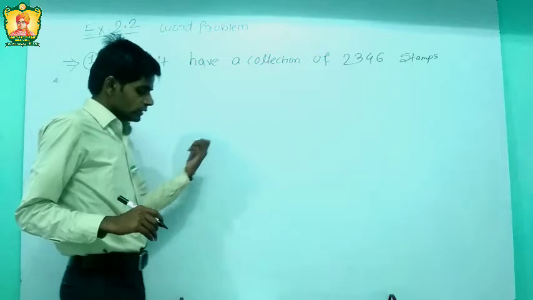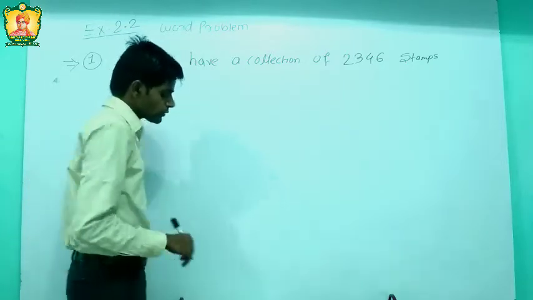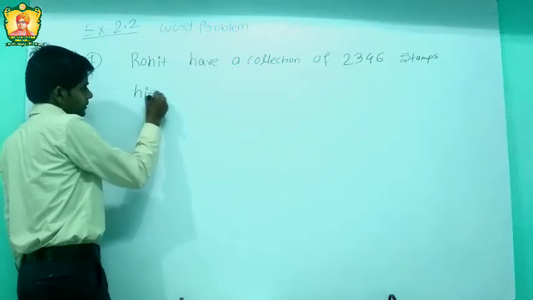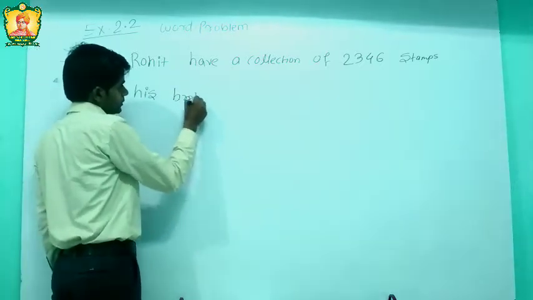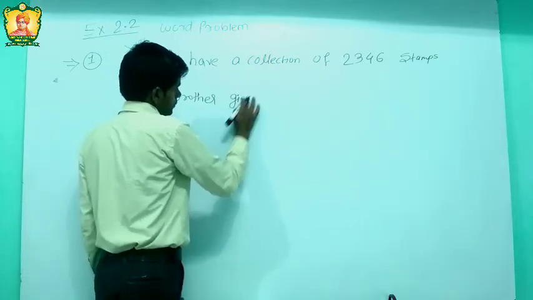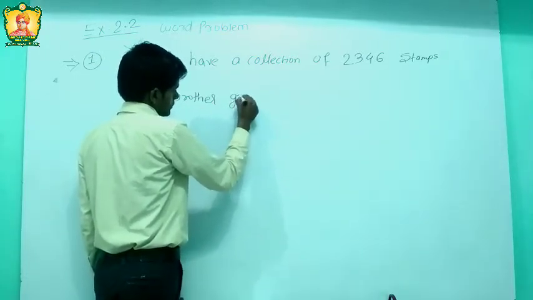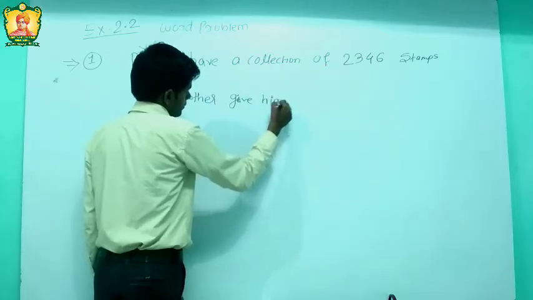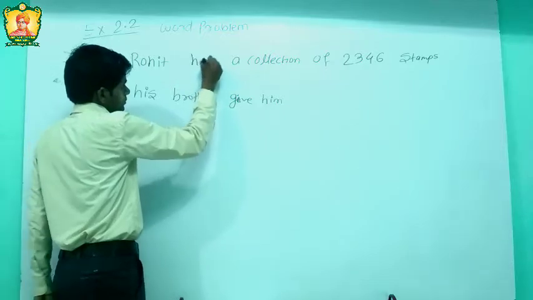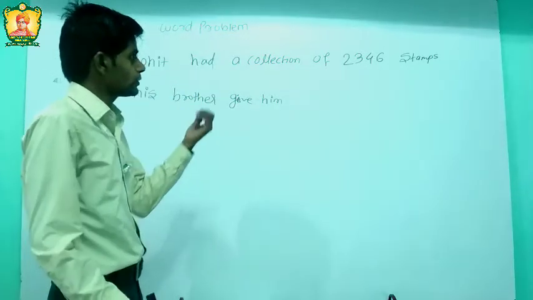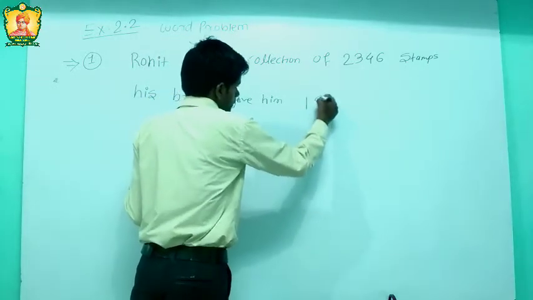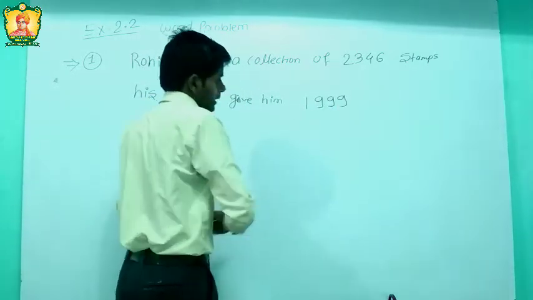Then we will write: his brother gave him 1999 stamps. Had a collection of 2346 stamps and his brother gave him 1999 stamps.